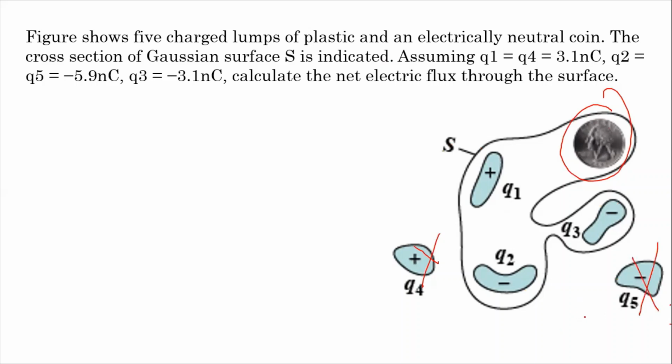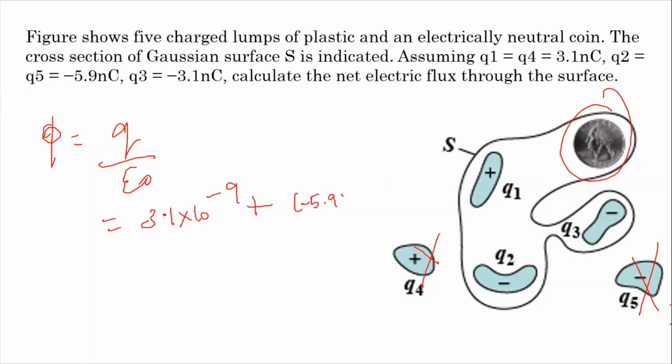So the charges inside will contribute to the flux. Phi will be equal to Q by epsilon naught. So you have to add Q1, Q2 and Q3. Q1 is 3.1 nanocoulomb. Nano means 10 power minus 9. Plus Q2, which is minus 5.9 into 10 power minus 9.